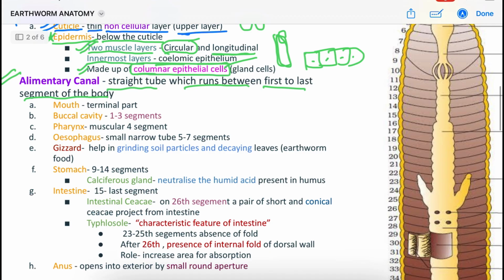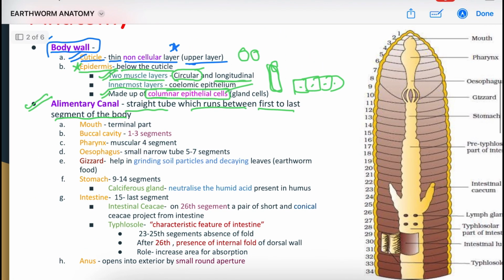In the alimentary canal, the first portion is the mouth. It is in the anterior portion, the upper terminal part, an opening present at the terminal anterior end.